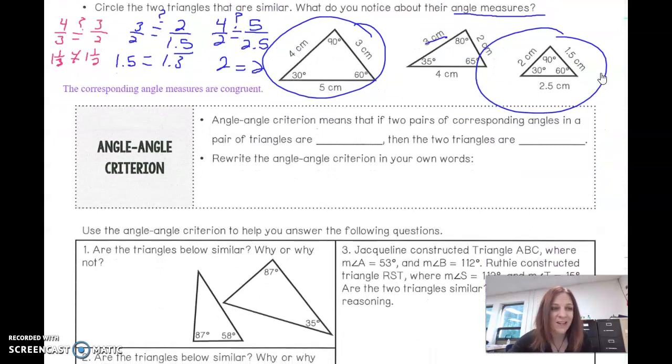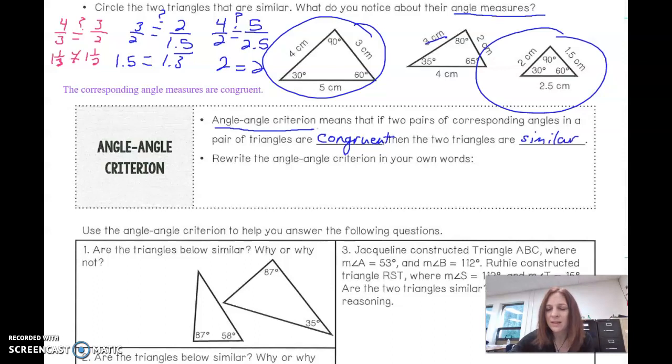Angle criterion. AA means that if two pairs of corresponding angles in a pair of triangles are congruent, then the two triangles are similar.